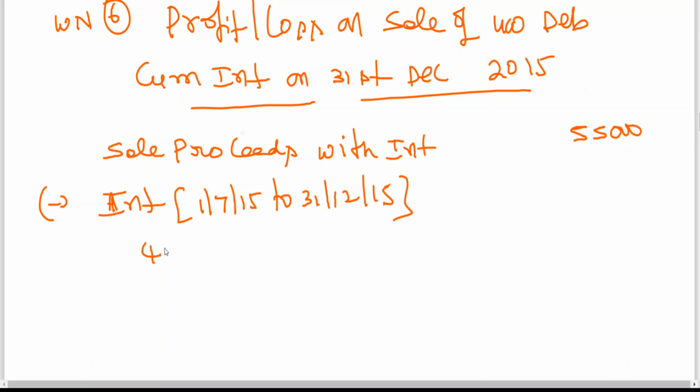How many debentures? 400 debentures into 100 into 15% into 6 by 12. It is coming to 3,000.